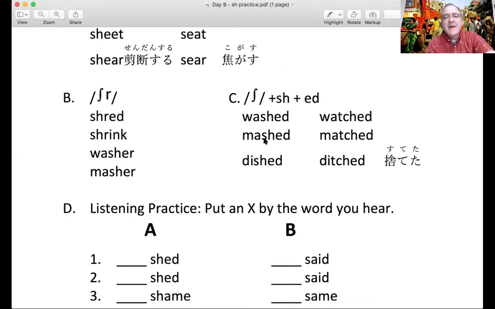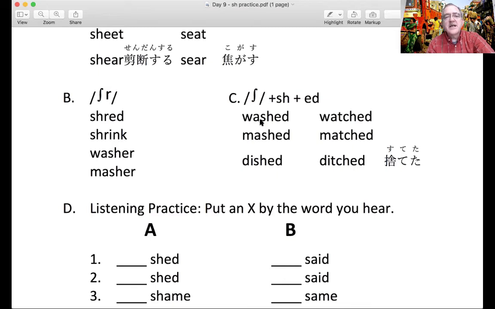And here we have mashed and dished. Now here we have watched. And again, many students put an E right there, but it's wrong. Don't put it, it's watched. And here matched. And here ditched. Ditched means steta. To ditch something is stetter.